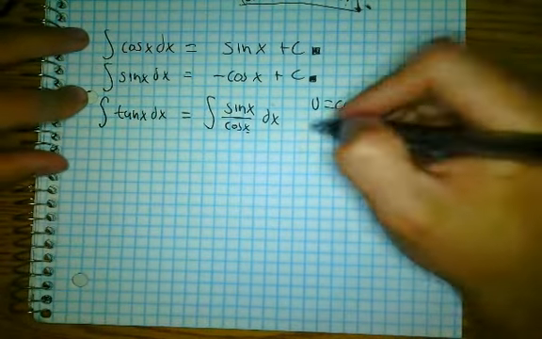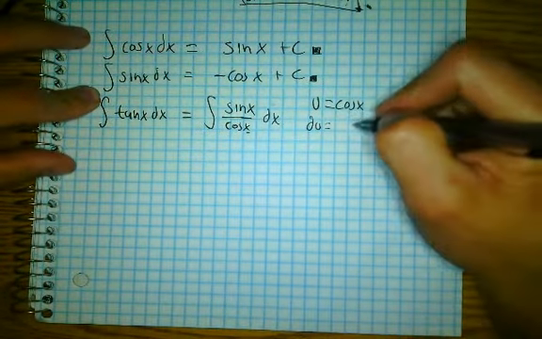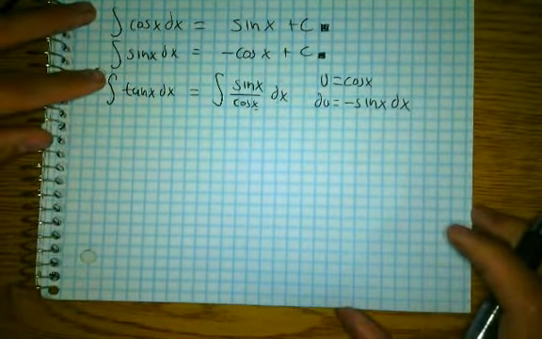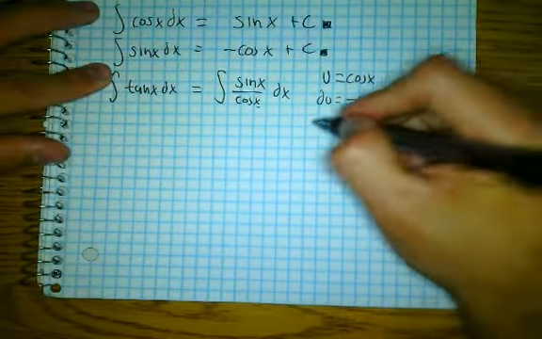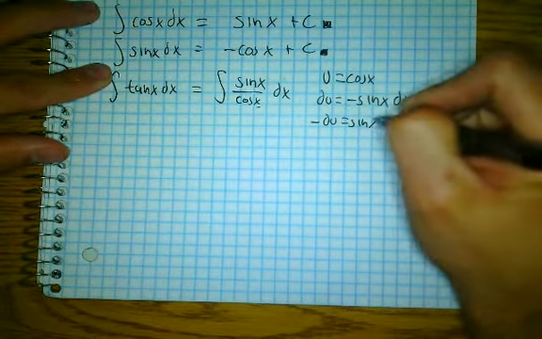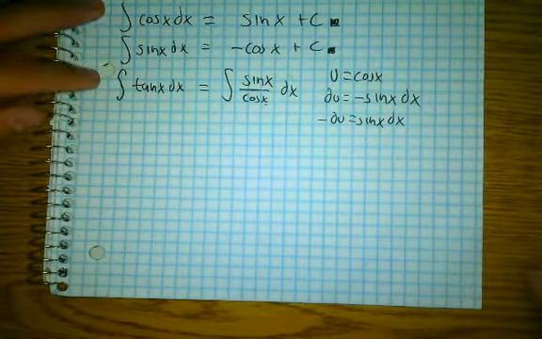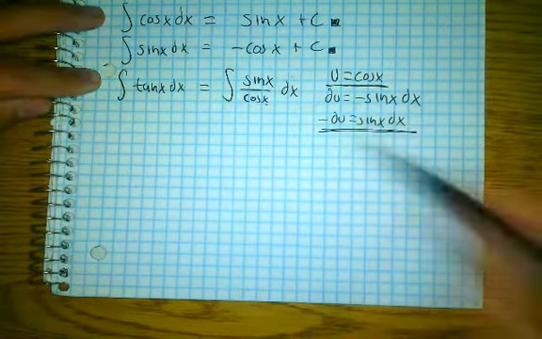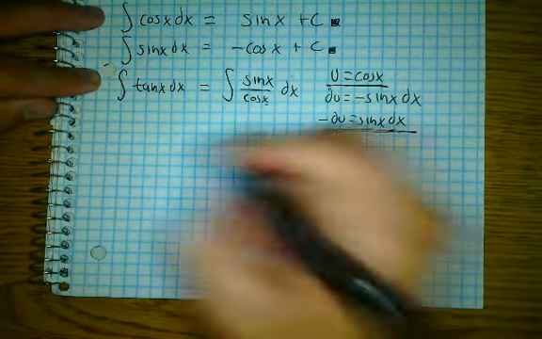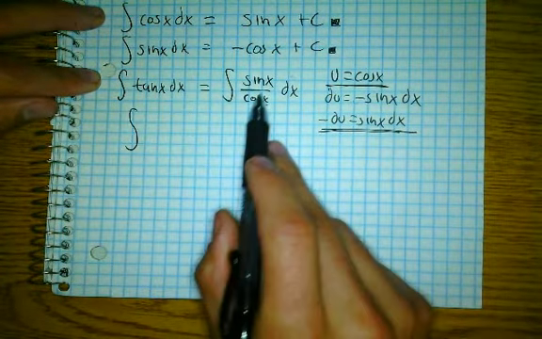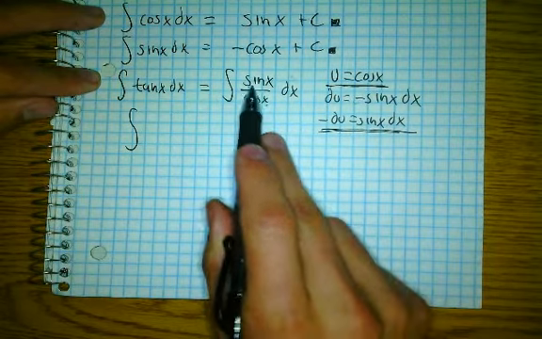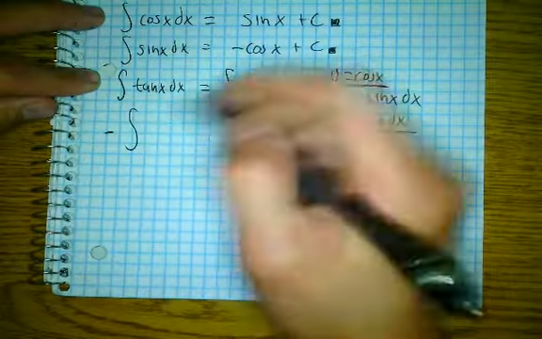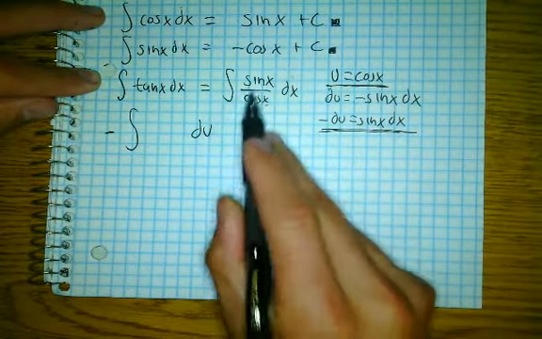If I do that, then I know that the derivative of u is equal to negative sine x dx. Agreed? Now, if I get rid of that negative, it would be negative du equals sine x dx. Agreed? Now, if I go back and use this information, I can rewrite this problem. Sine x dx became negative du, so I'm going to pull out the negative and put the du at the end.